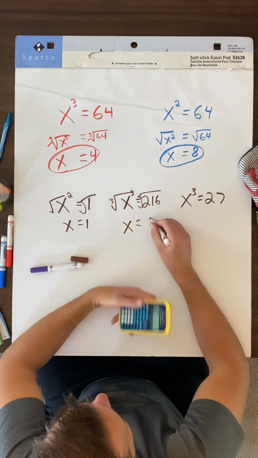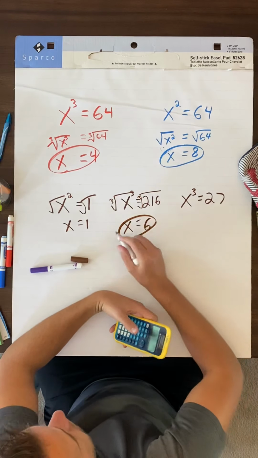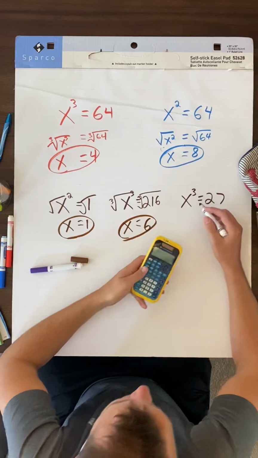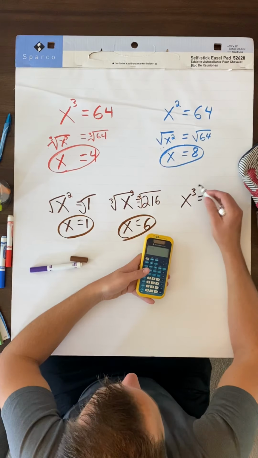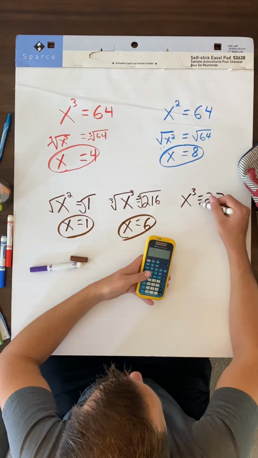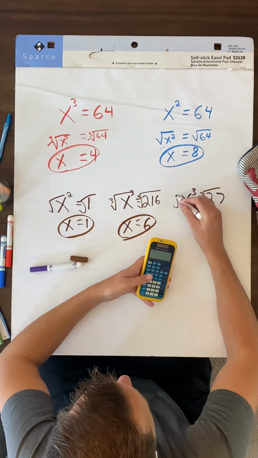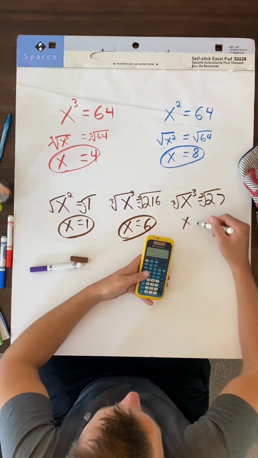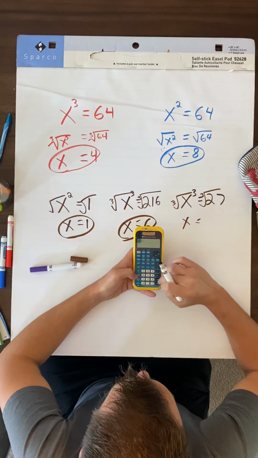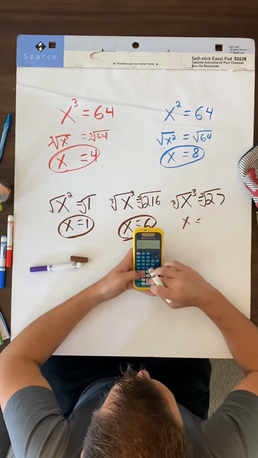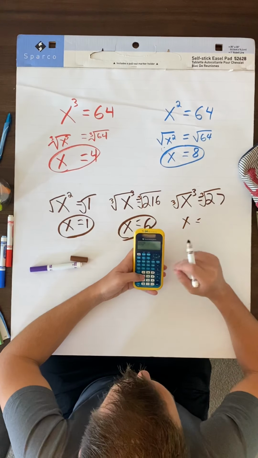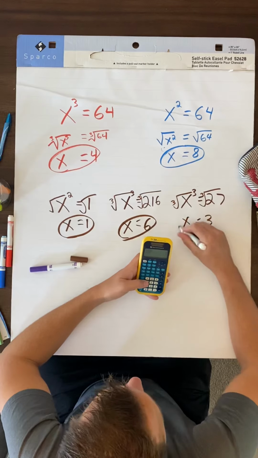And that's 6. Always circle your answers. This one, since it's a 3 here, we're going to find the cube root of 27. X equals the cube root of 27 is 3.